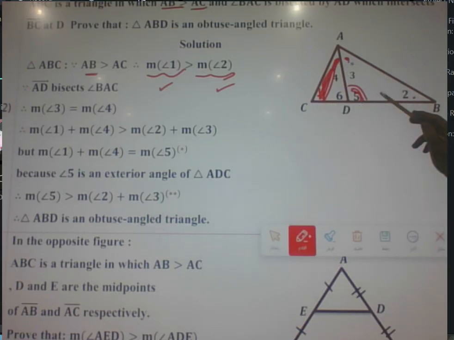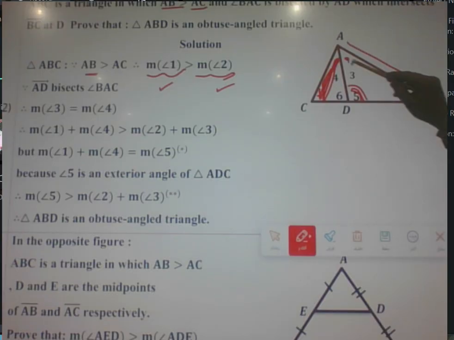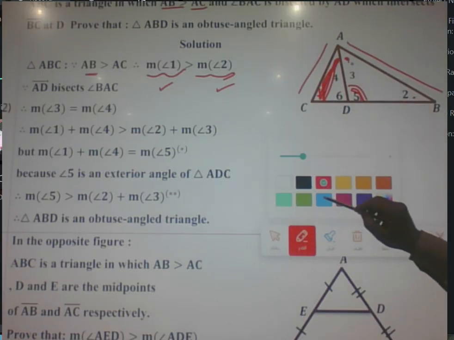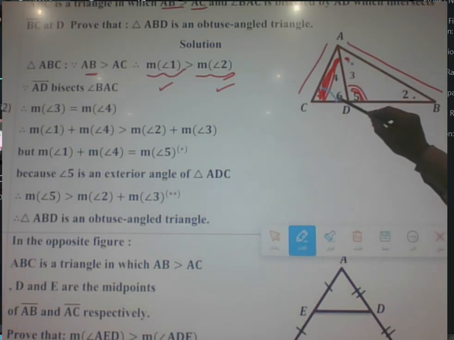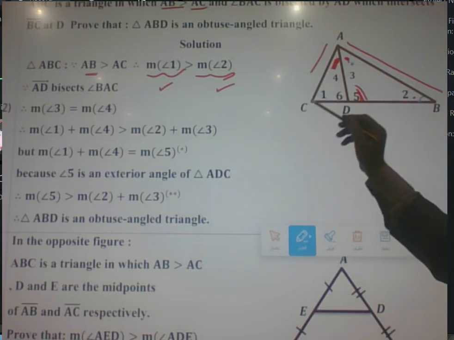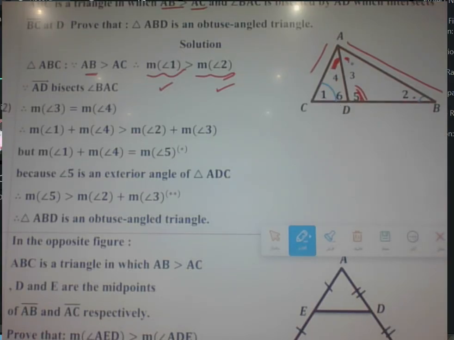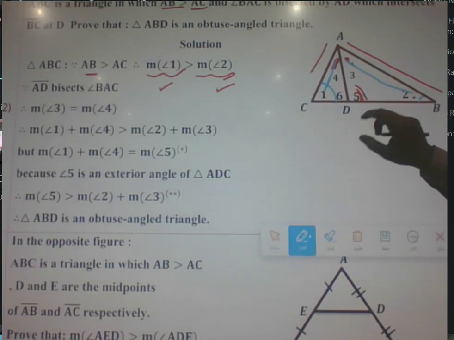Now, he also gave me this information: EB is greater than EC. Then the measure of angle C is greater than the measure of angle B. Angle C here we call 1, then the measure of angle 1 is greater than the measure of angle 2. If we add 1 here with 4 and 3 with 2, then 5 is also greater than the measure of angle 3 plus 2, because 4 and 3 are equivalent, and 5 equals 1 plus 4.